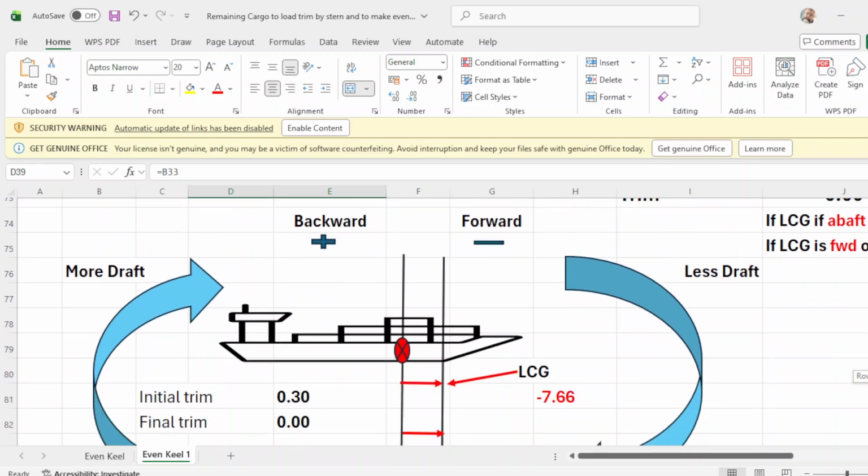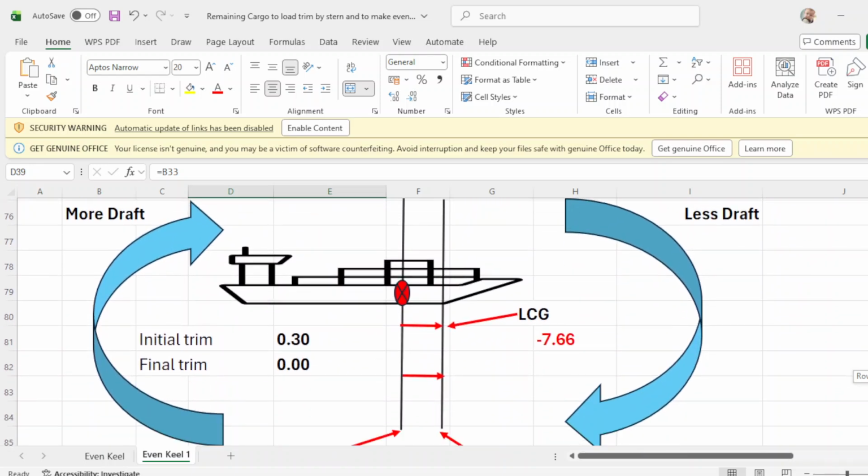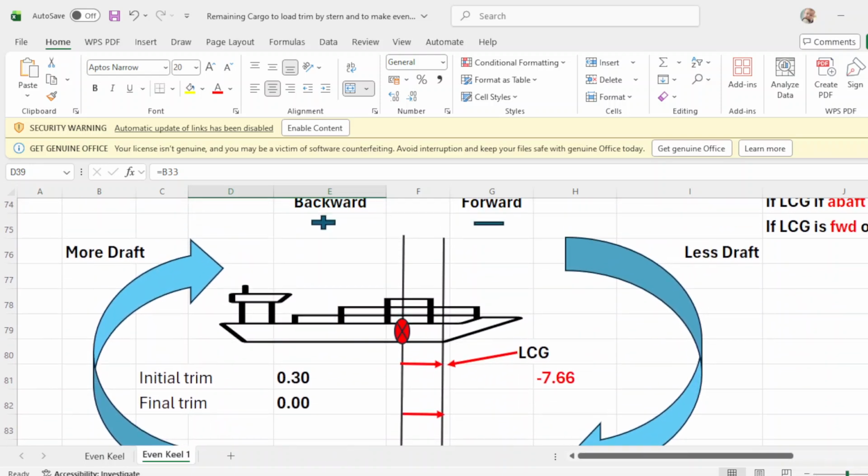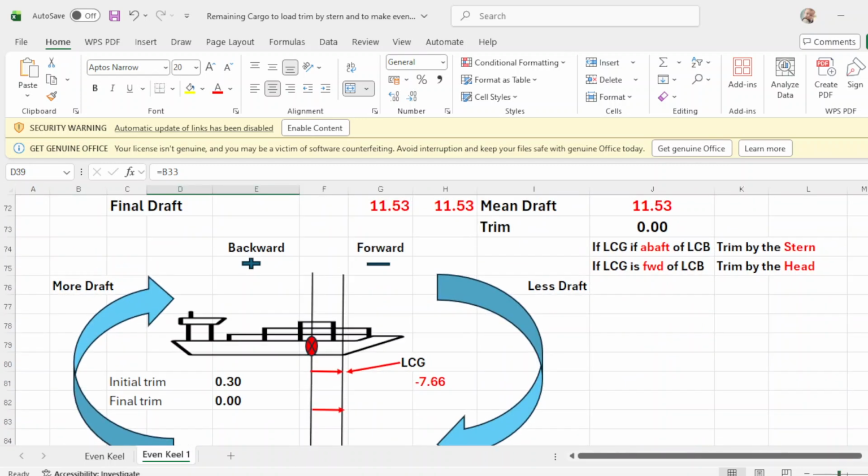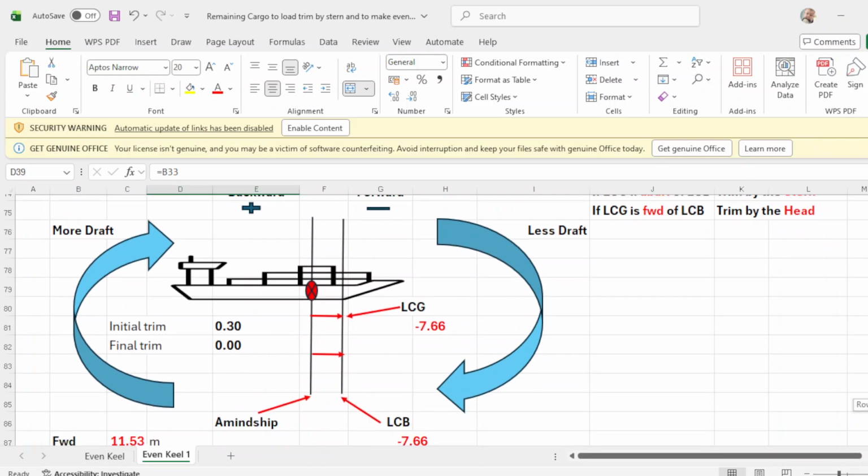I will use this diagram. Remember, you are trimmed by the stern by 30 centimeters. This is the situation of the vessel like this. You are trimmed because you want to make even keel.